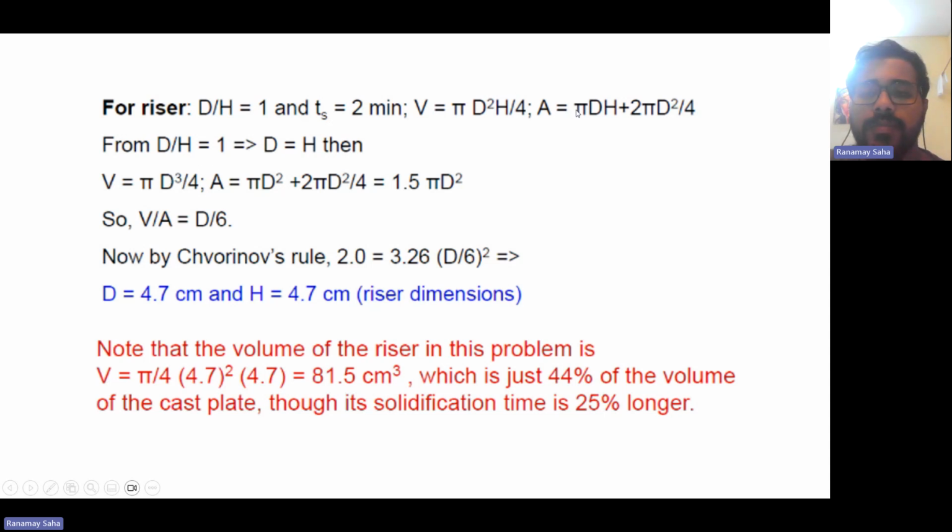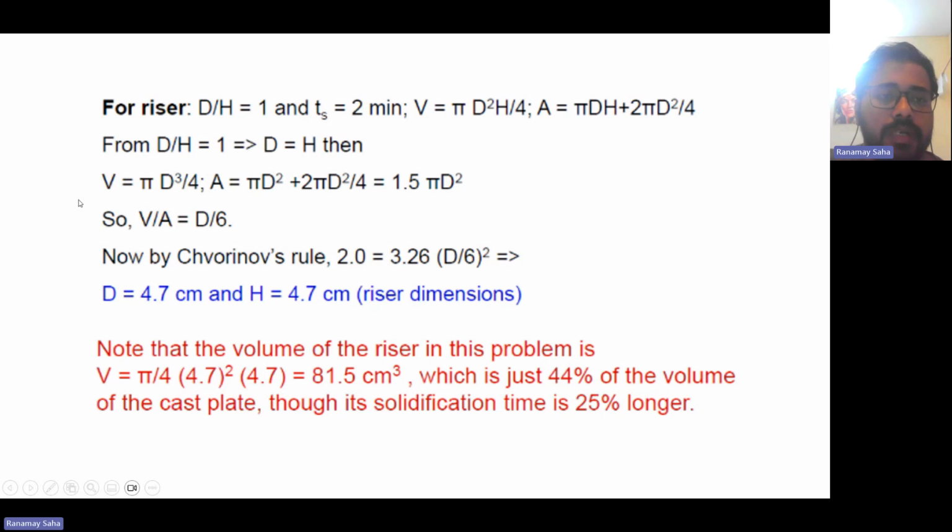Again, the area is given by 2 pi rh, or pi dh, plus the surface area of the top and bottom surface of the cylinder, which becomes twice the area of one, that is twice of pi d square by 4. Again you replace h with d, you find A as pi d square plus twice of pi d square by 4, which gives you 1.5 pi d square.